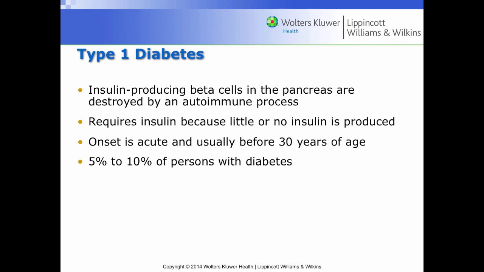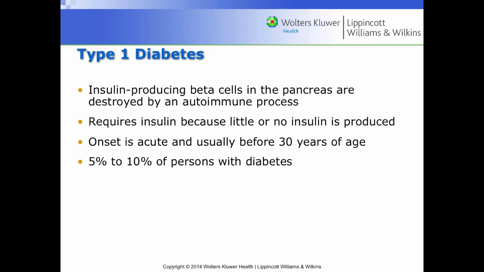It usually involves autoimmune destruction of the insulin-producing beta cells in the pancreas. Okay? So it's usually an autoimmune disease where you have progressive damage and death to these insulin-producing cells. So a person with type 1 diabetes requires supplemental insulin because they have little to no insulin endogenously produced. So they are totally reliant on exogenous insulin.